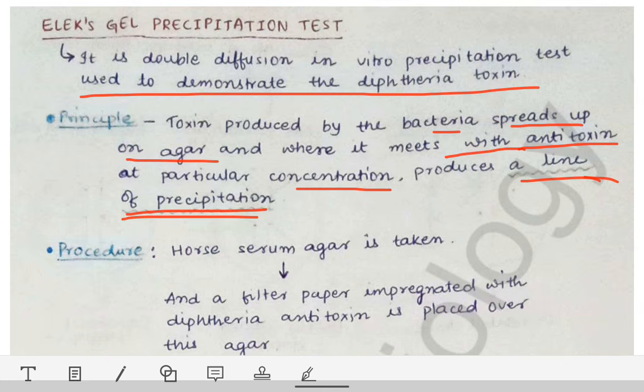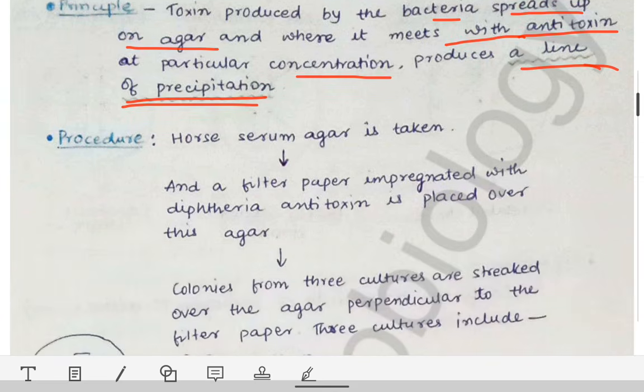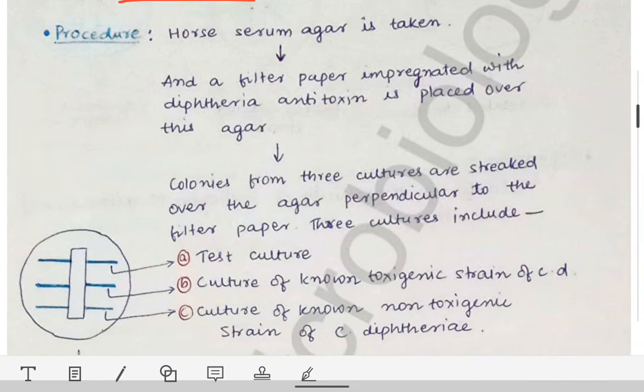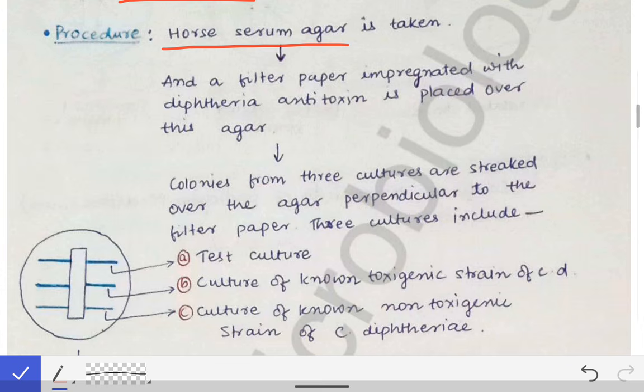So let's come to the procedure. The procedure is that we will be using the horse serum agar. What we'll be doing is taking a filter paper and impregnating it with the diphtheria antitoxin, and placing it over this agar.